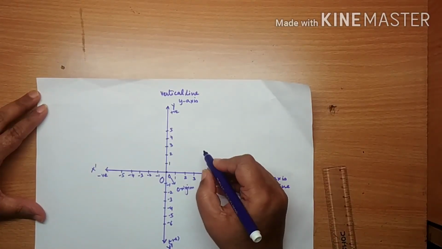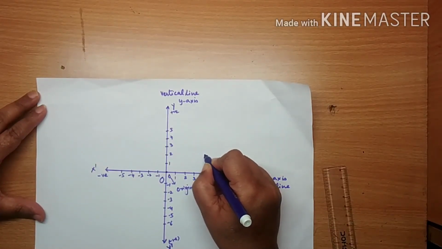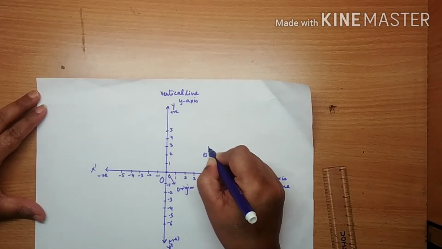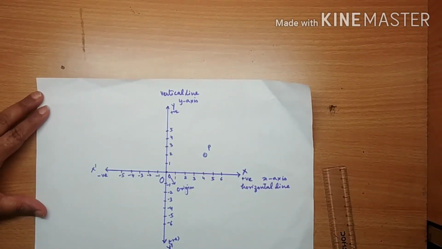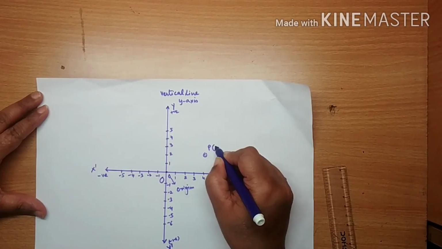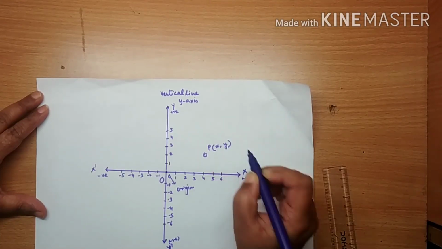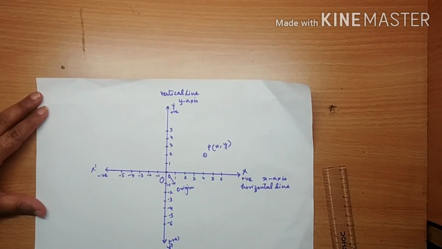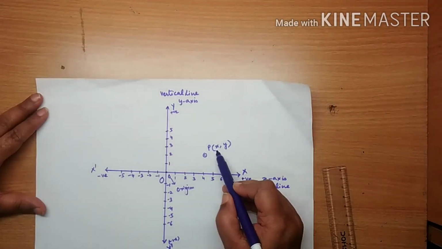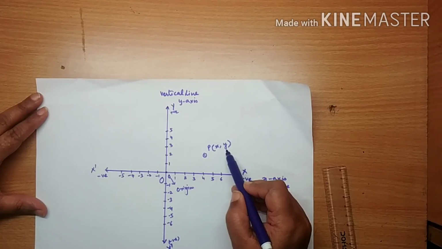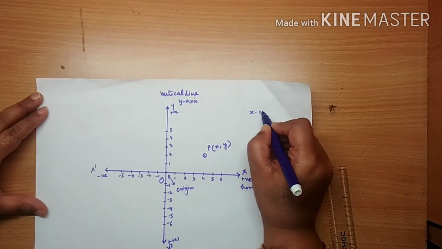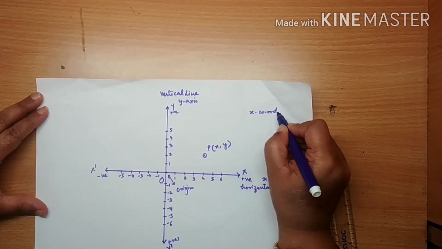How do we describe the position of any point? Suppose the point is here, this point P. We describe the position of any point using two coordinates. One will be x coordinate and the other is y coordinate. And as a rule, we always write x coordinate first and then the y coordinate. Now the x coordinate is also called as abscissa.